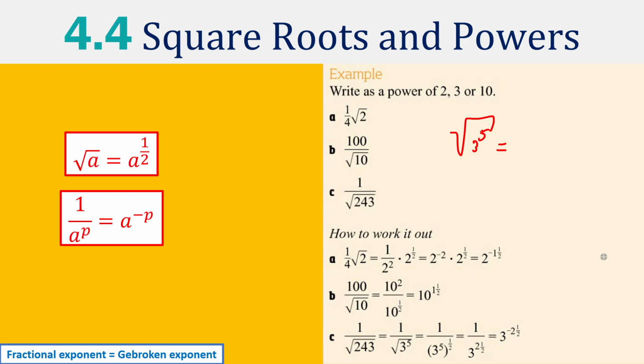Taking the root of a power means dividing the power in 2, which immediately gives me 3 to the power of 2.5, which they have right here. Can use this intermediate step, don't have to. And yeah, here the final answer is already given. Spoiler, because I have 1 divided by that, I have to use this rule to the left. It's the same as that power, but then with a negative sign in the exponents.